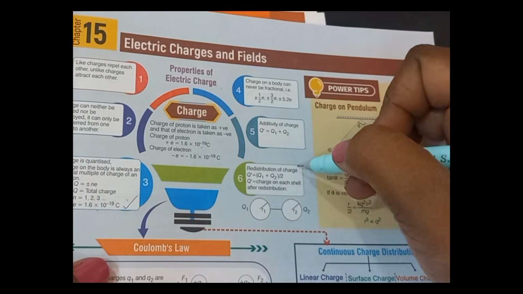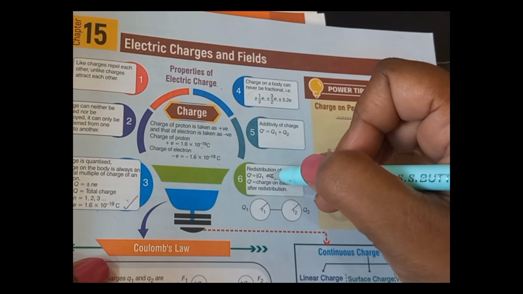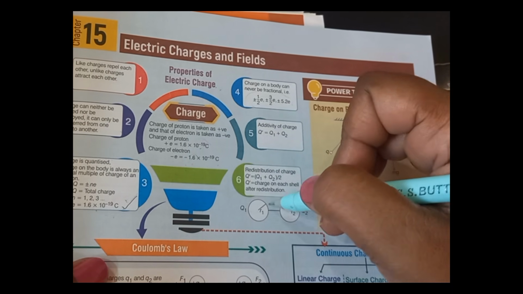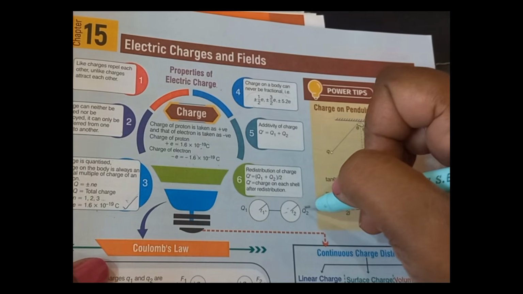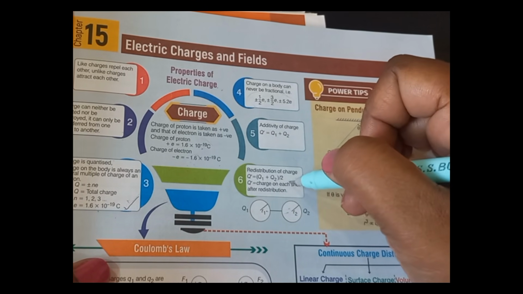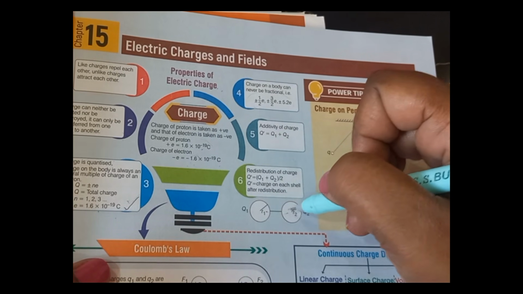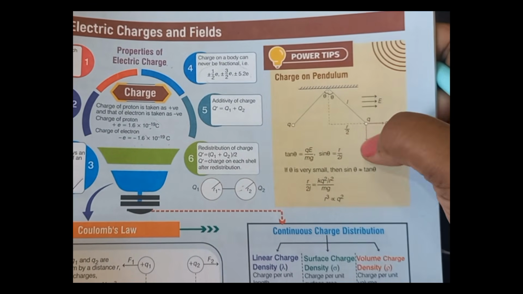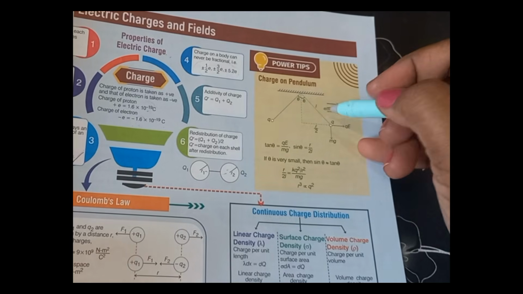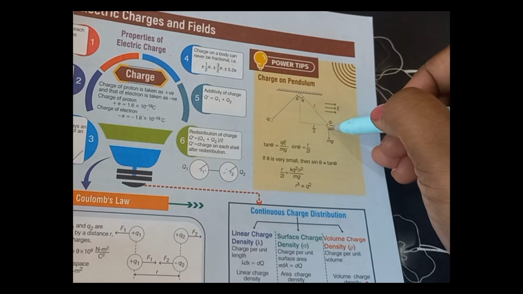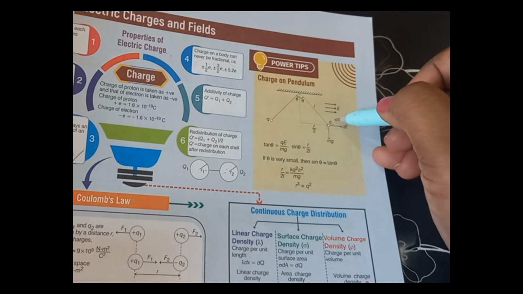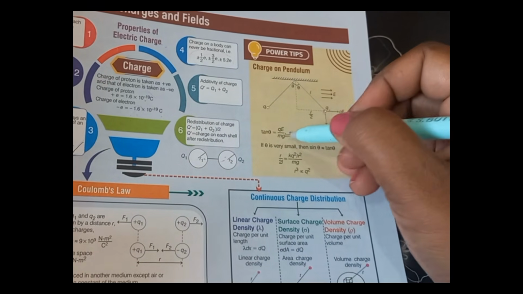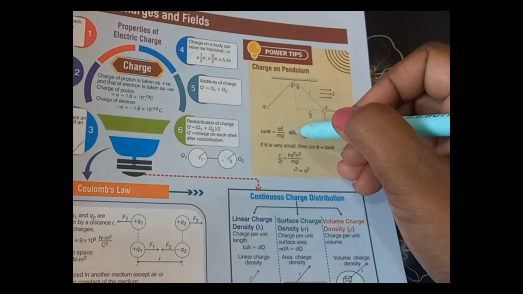Redistribution of the charge: Q dash equal to (Q1 plus Q2) by 2. If two charges come closer to each other, they will exchange and share their magnitude equally, by half. Then charge on the pendulum. If this is a pendulum and on this bob there is a charge Q, and it is in an electric field E, then tan theta is equal to QE by mg.